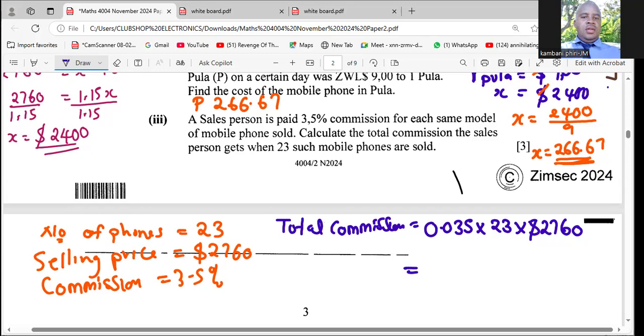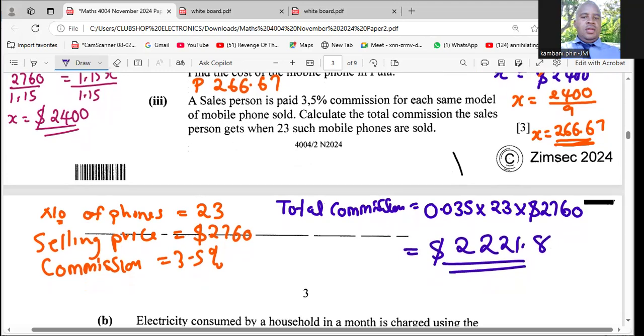You are going to get $2,221.8. That's what you get.